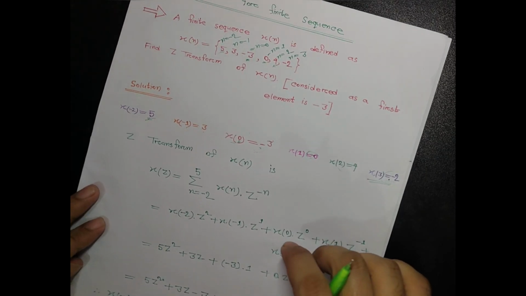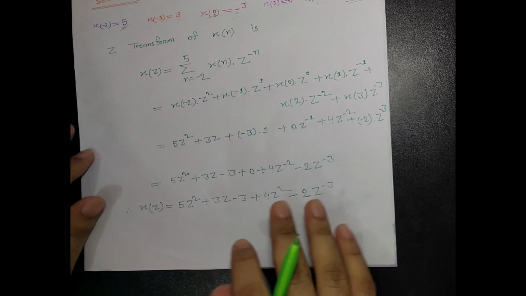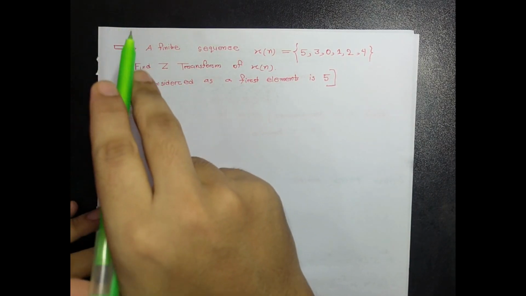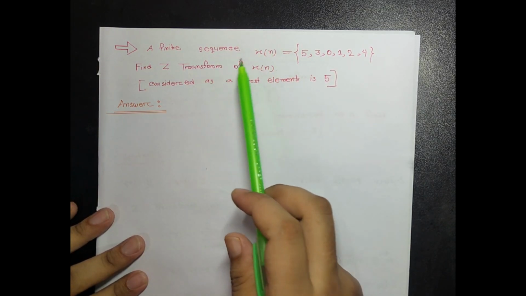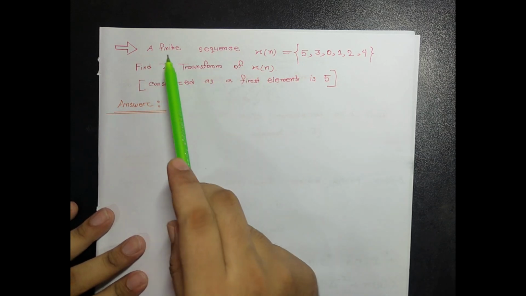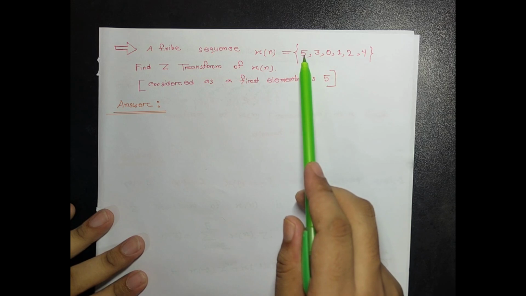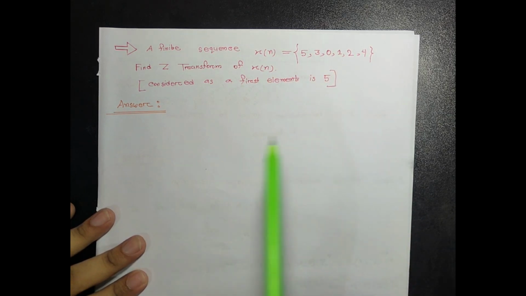Now here's another problem. Given a finite sequence x of n equal to 5, 3, 0, 1, 2, 4.